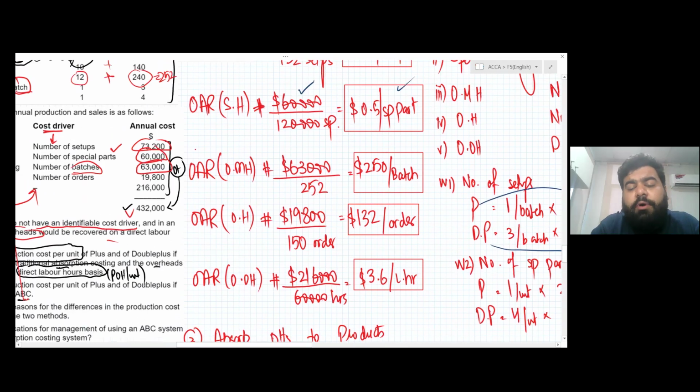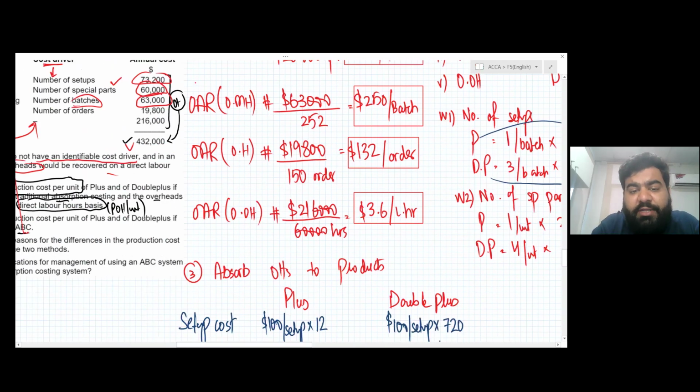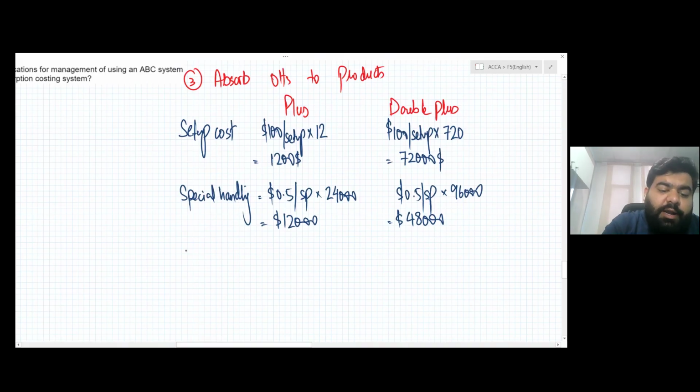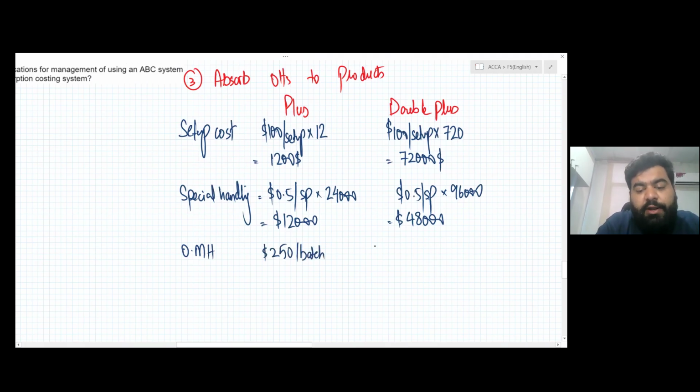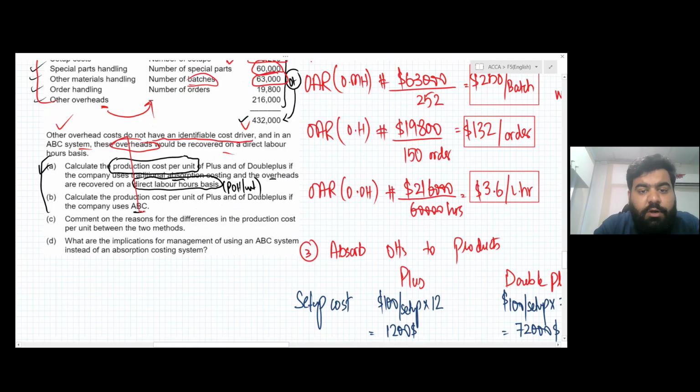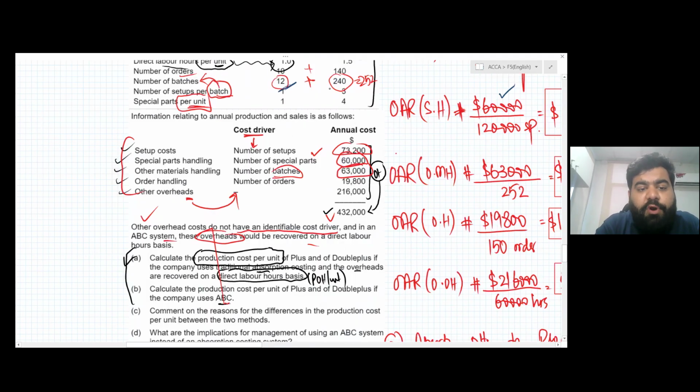After that, there was other material handling. Other material handling was $250 per batch, and obviously the OAR will be the same 250 per batch for the other product also. We just have to multiply with the relevant batches. Plus has 12 batches and double plus 240.